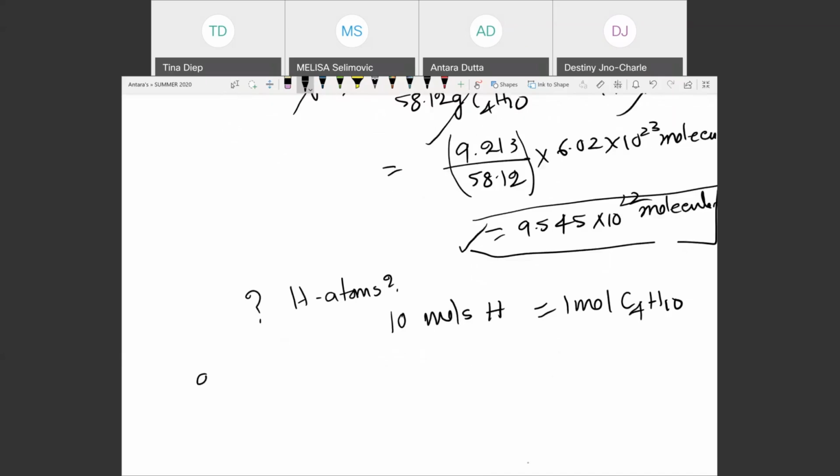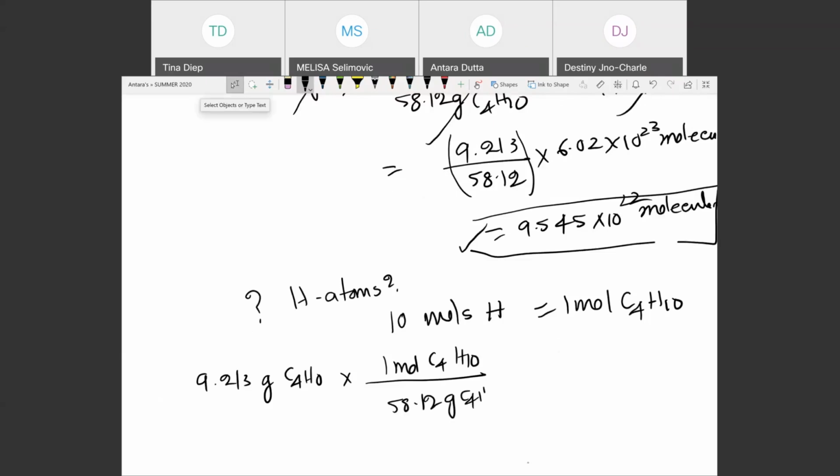Again, I will start with what I'm given, 9.213 grams of C4H10. I have to convert that to moles. Without moles, you are not going anywhere. So 1 mole over 58.12 grams of C4H10. Once you get the moles of the compound, you apply this relationship: 10 moles of hydrogen over 1 mole of C4H10.